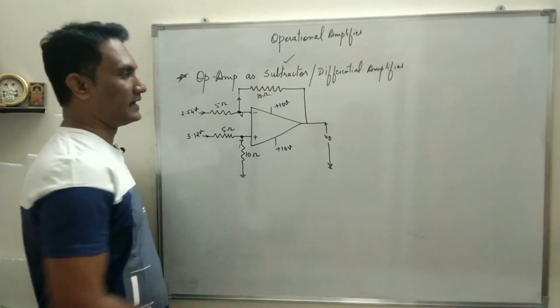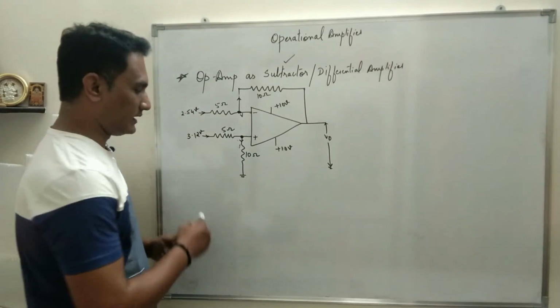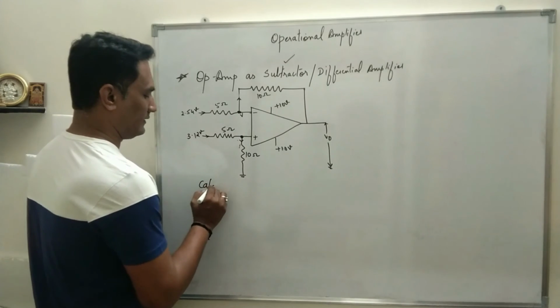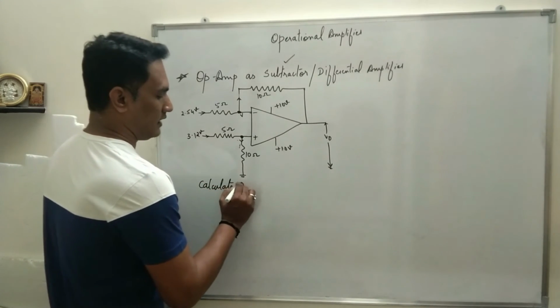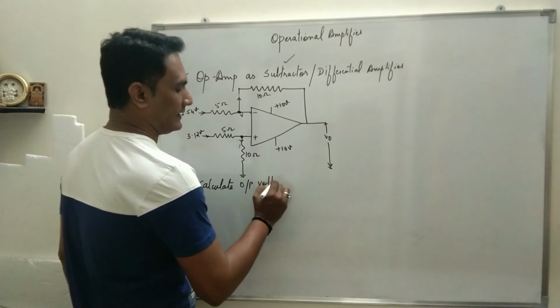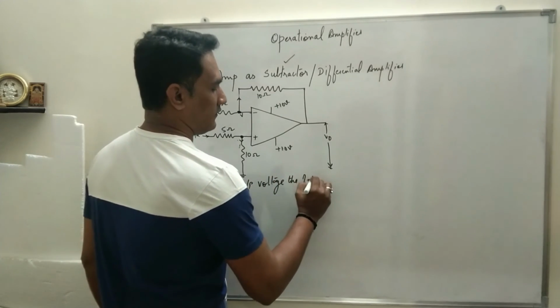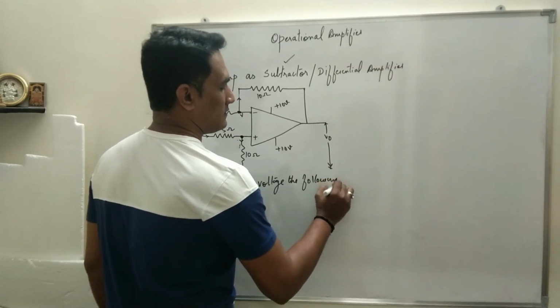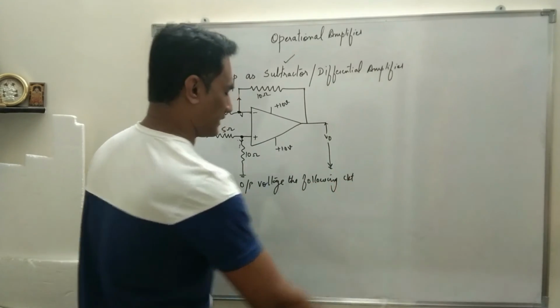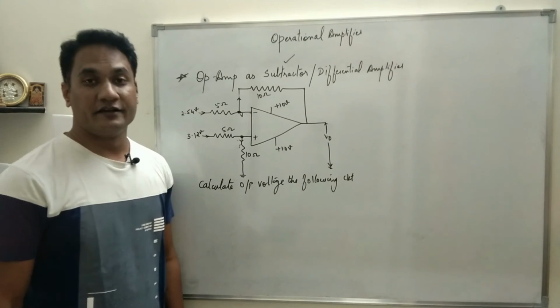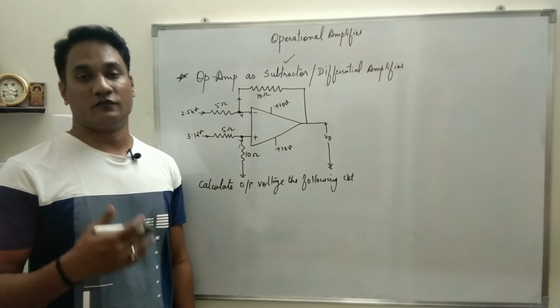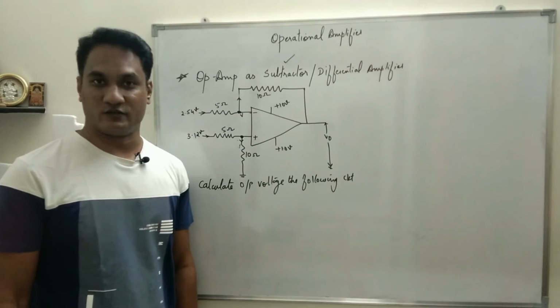Say this is the circuit diagram. Of course the question will be: calculate the output voltage of the following circuit. You need to identify in which mode the circuit has been connected.